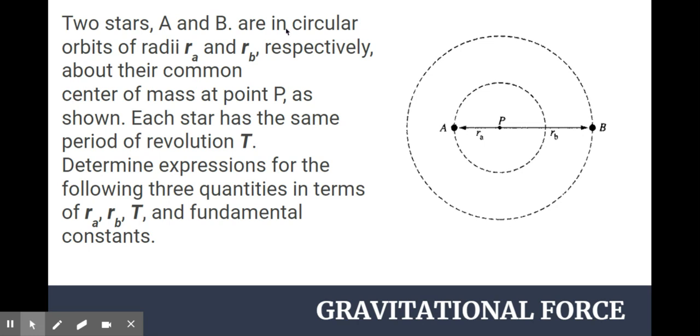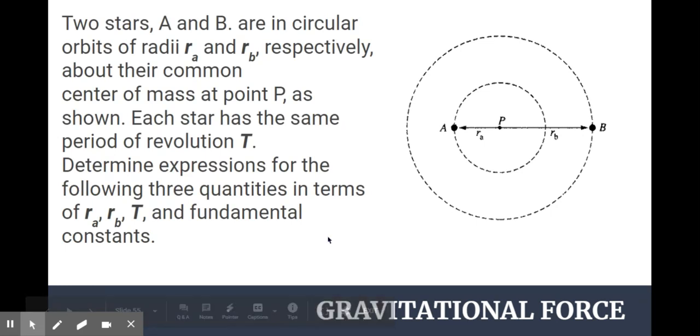Okay. Each star has the same period of revolution, which we're going to call capital T. I want you to determine expressions for the following three quantities, and you're only allowed to have constants and these three variables in your answers.